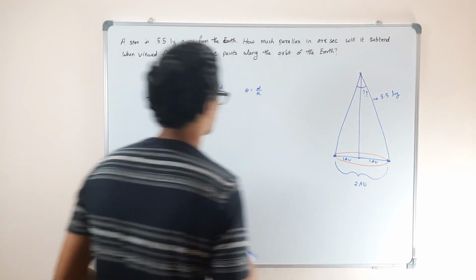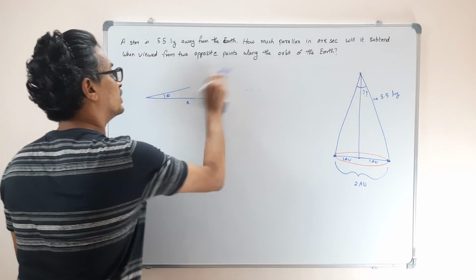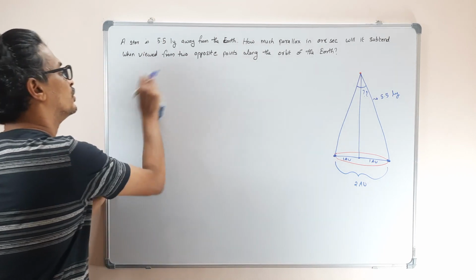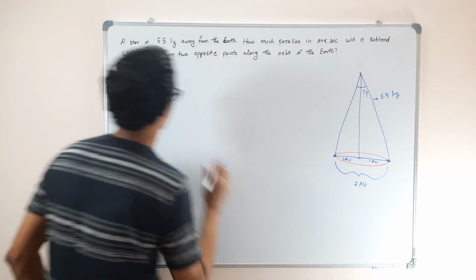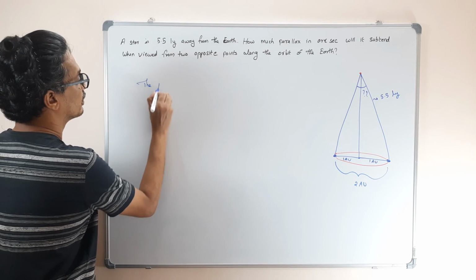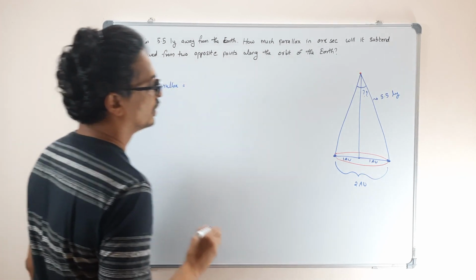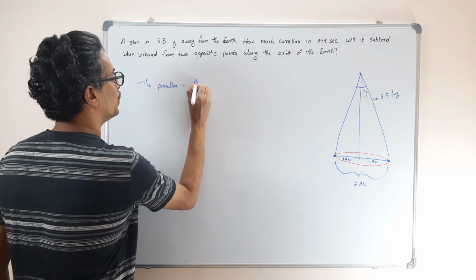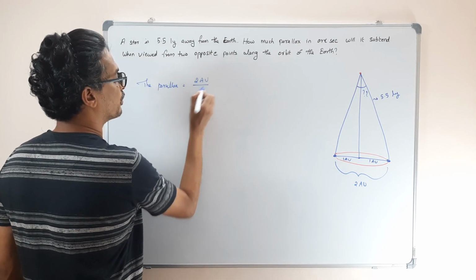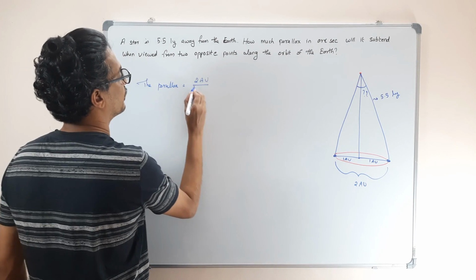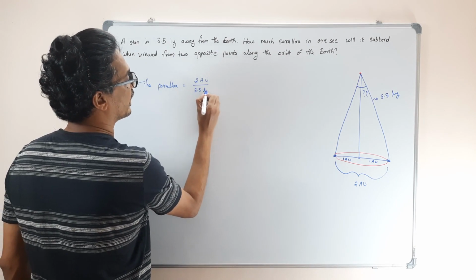So the parallax equals D by R, that is 2 AU divided by R, which is 5.5 light years.